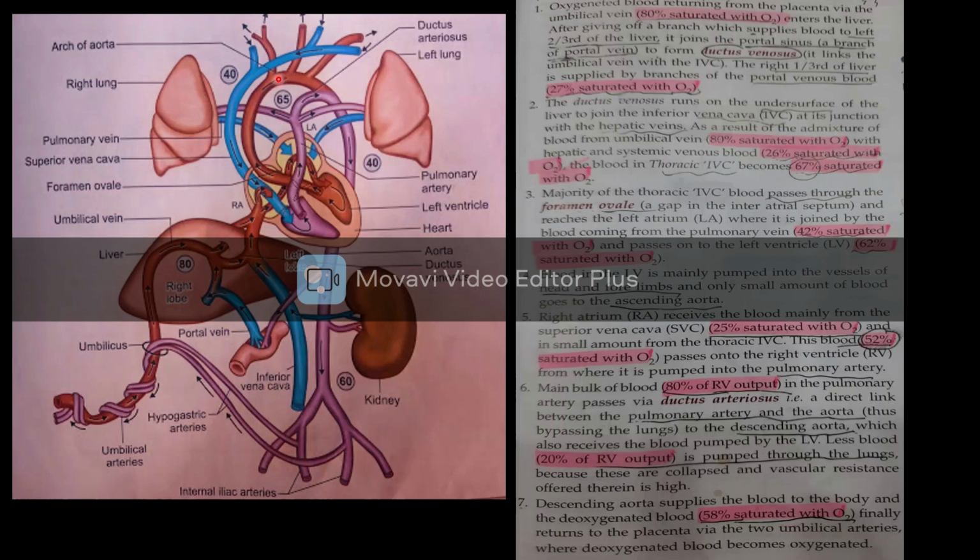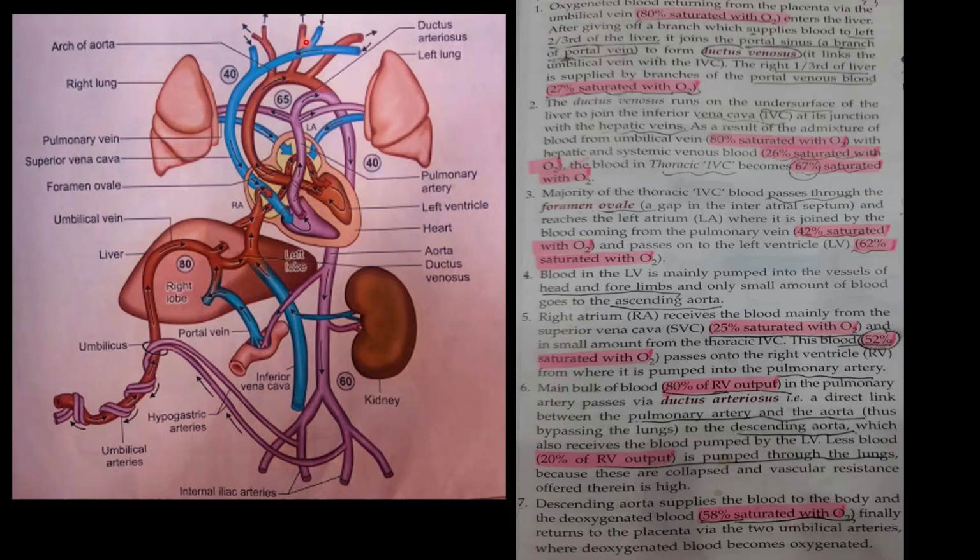One thing we have to remember here is that before the joining of the ductus arteriosus, the aorta gives two branches which supply the brain and coronary vessels, the coronary arteries.